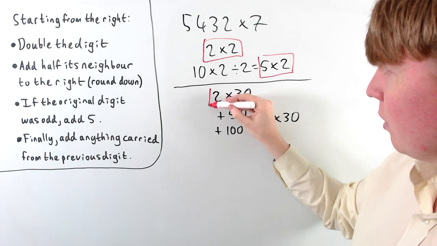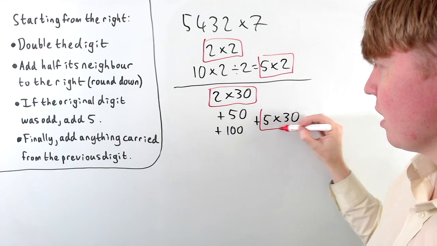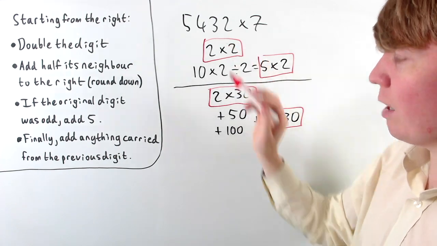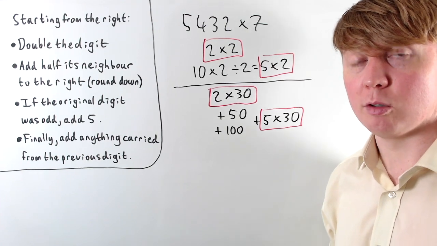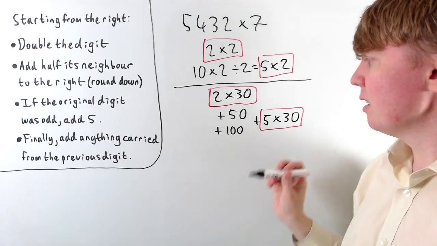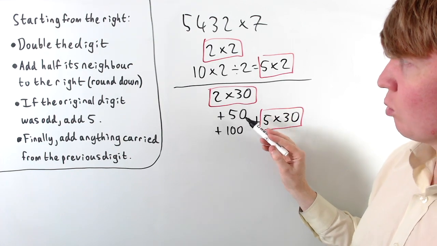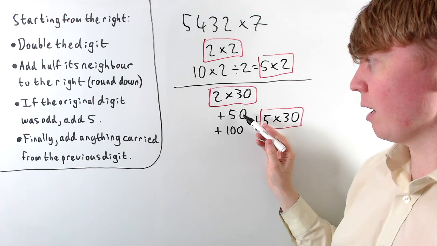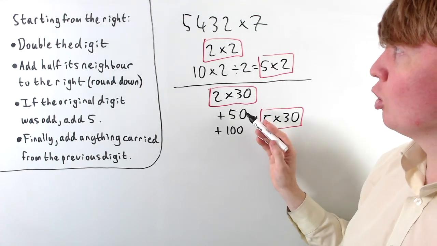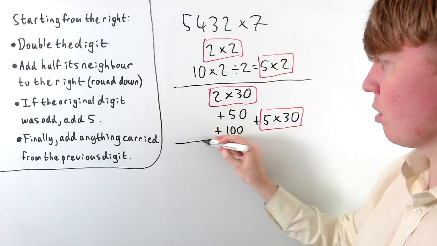So we do still have this contribution of 2 times 30 and 5 times 30. So we have really multiplied this 3, representing the 30 there, by 7. We've just got this extra step where, in order to make sure that we're working with an integer in the hundreds column, we round down, and to counteract that we added this extra 5, which was worth 50, because we're in the tens column there.